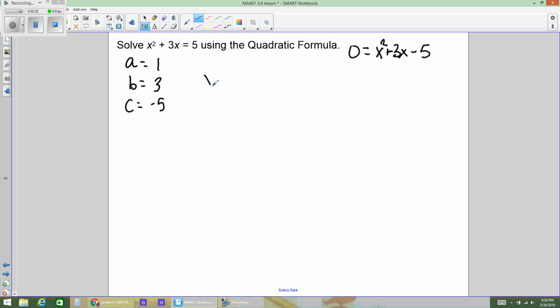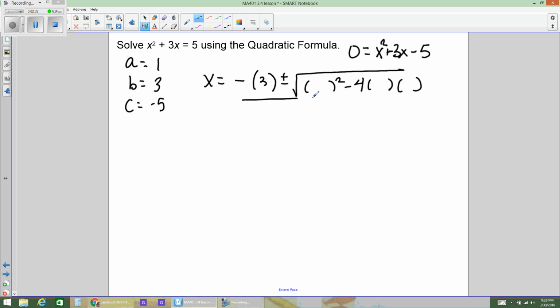Okay, so x equals the opposite of b plus or minus the square root of b squared minus 4ac all over 2a. Now I already wrote that 3 in there, but go with me on this for just a minute.